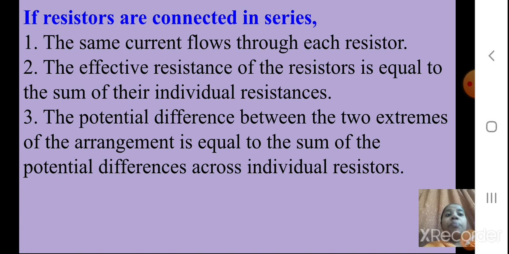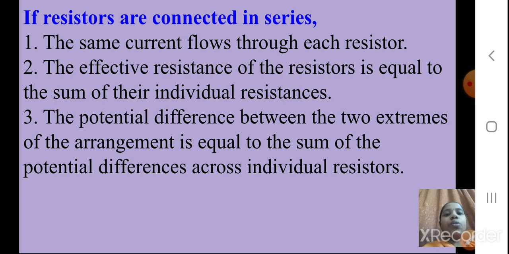The potential difference between the two extremes of the arrangement is equal to the sum of the potential differences across individual resistors. We saw V is equal to V1 plus V2 plus V3. That means the total potential is equal to the sum of the potential differences across individual resistors.